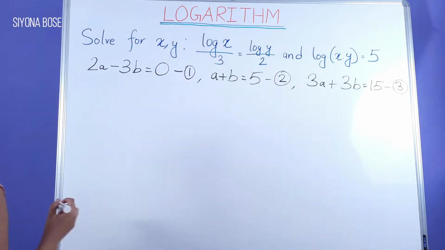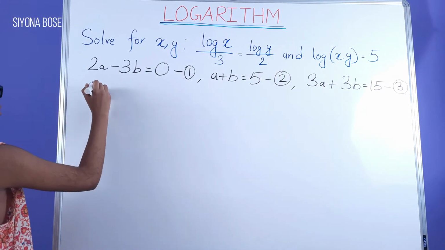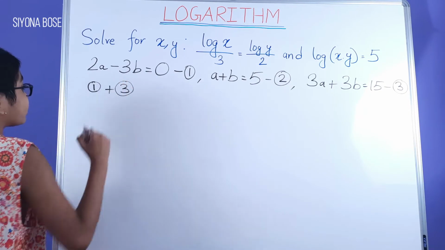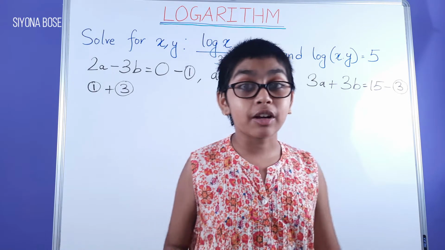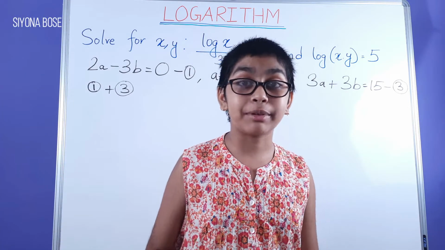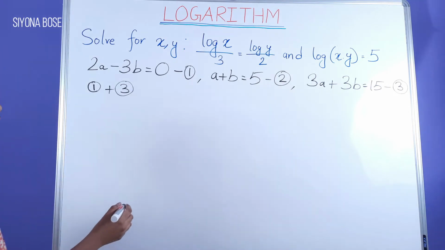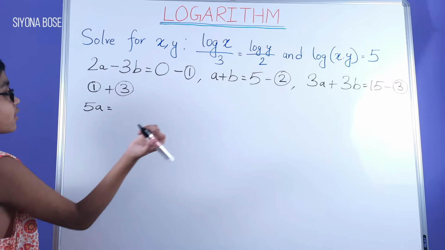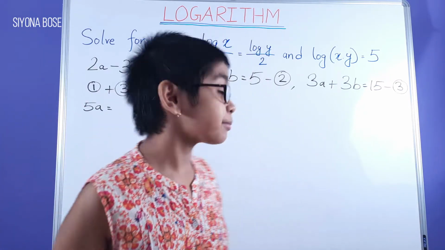Now, we will do 1 plus 3, where we eliminate 3b. Minus 3b and plus 3b gets cancelled, and we are left with 2a plus 3a, which is 5a, equal to 0 plus 15, which is obviously 15.